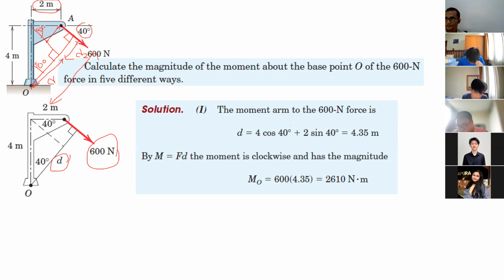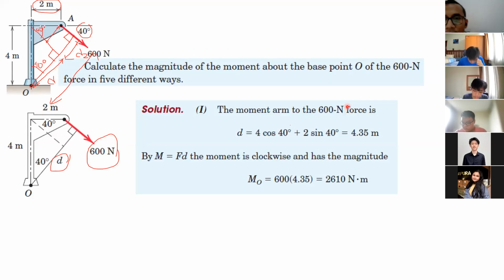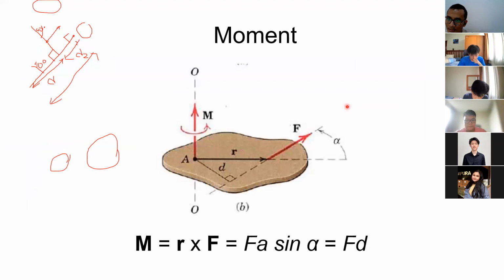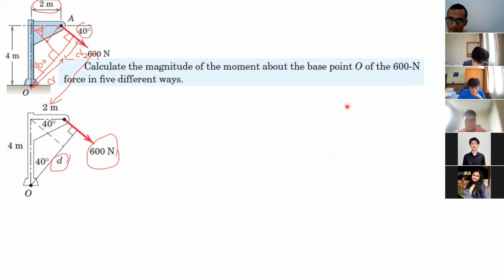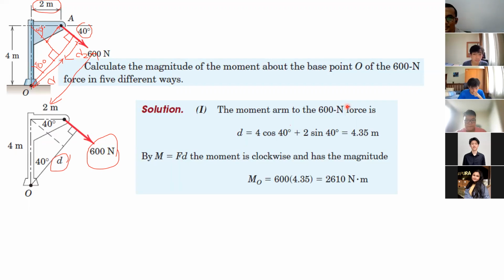Okay. So that's one way of doing that. We can calculate it using vectors as well. So if you want to calculate it using vectors, then you have to find the distance in vector, and then make it a cross product with the force in vector as well.